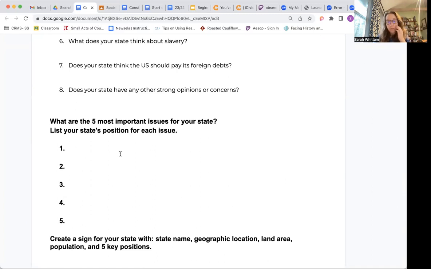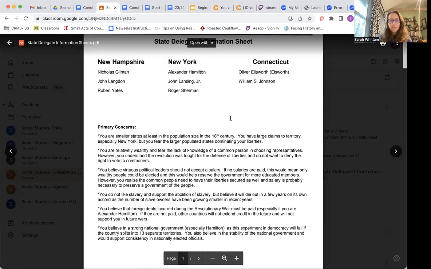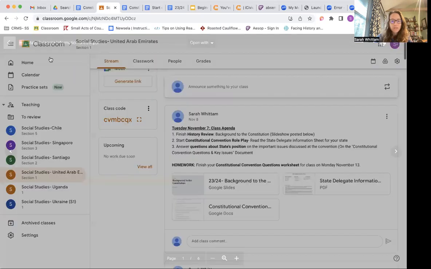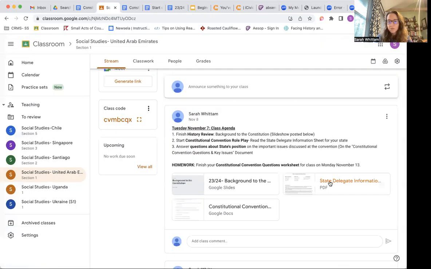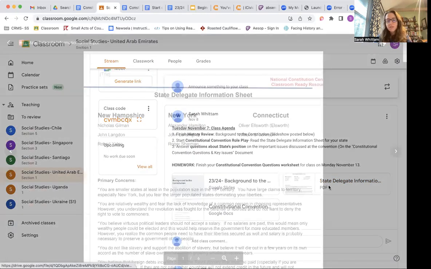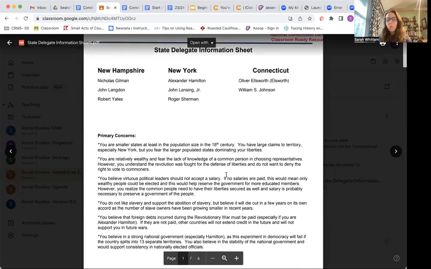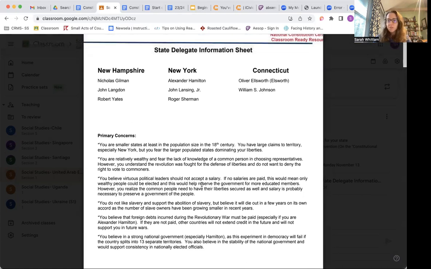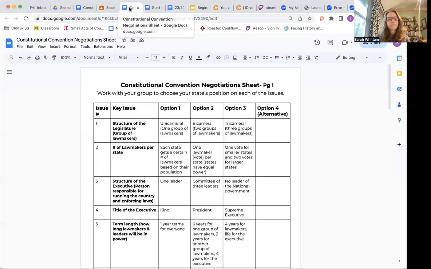Okay, so get out that piece of paper. You are also going to want the state delegate information sheet that's posted on Google Classroom, right? Those 2 things are going to help you remember what your state cares about, okay? Because remember, you want to represent your state or your group of states in the negotiation.